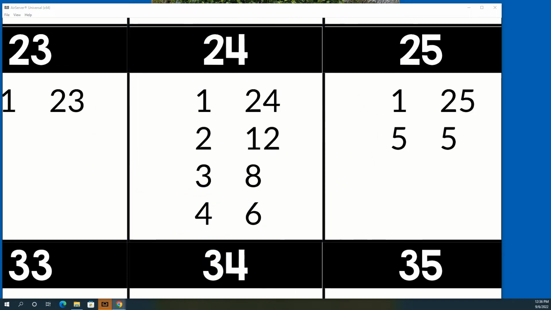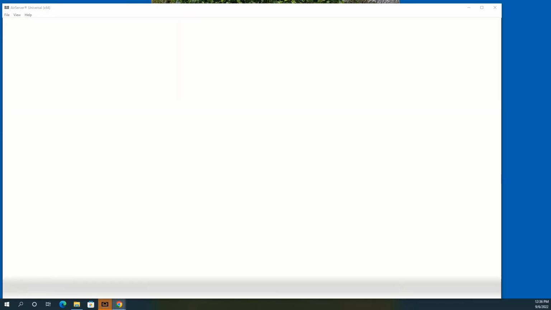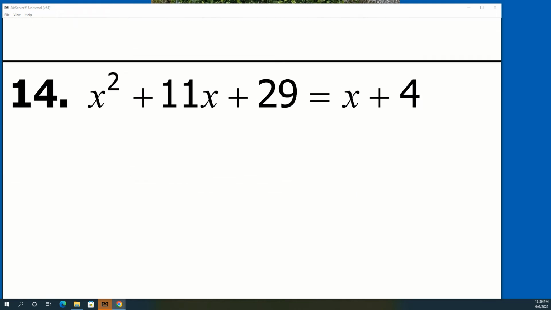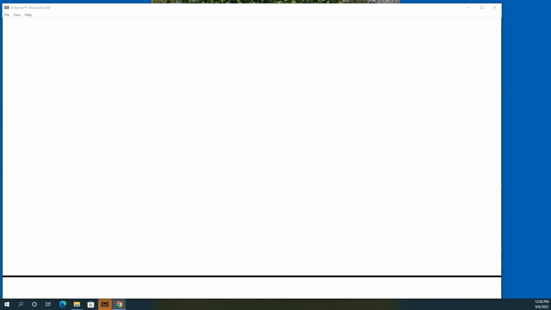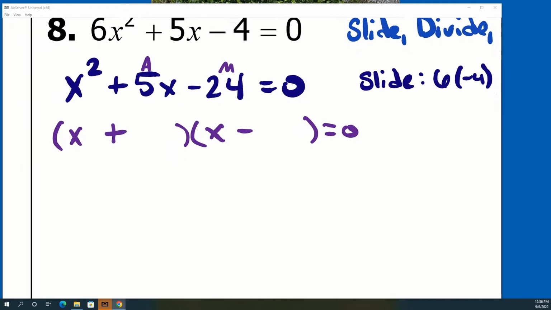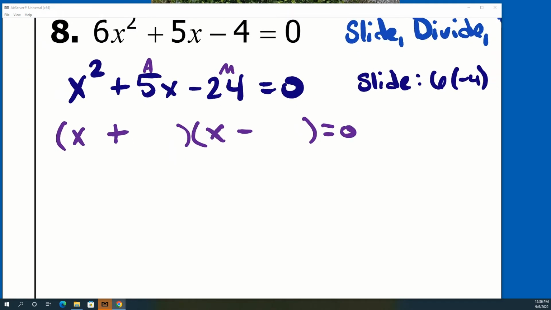Yes. There we go. All right, this time we want to get a positive 5. So the bigger number is positive, the smaller number is negative, but we are not done with the factoring part. There's still a couple more steps.